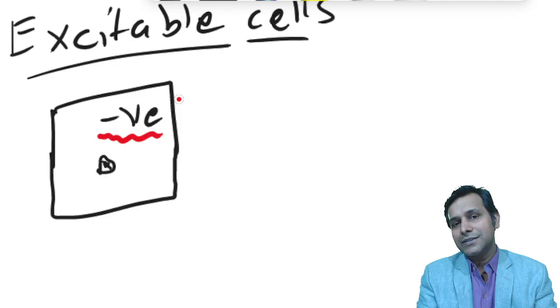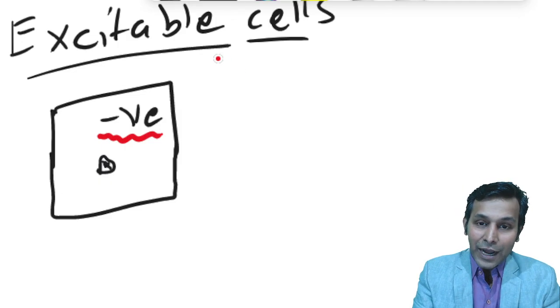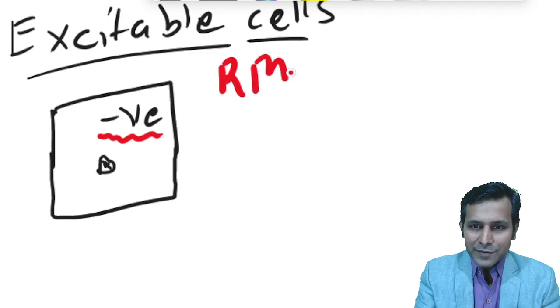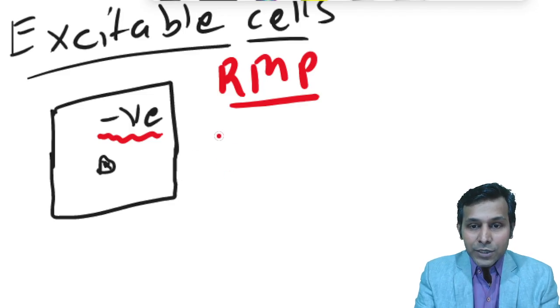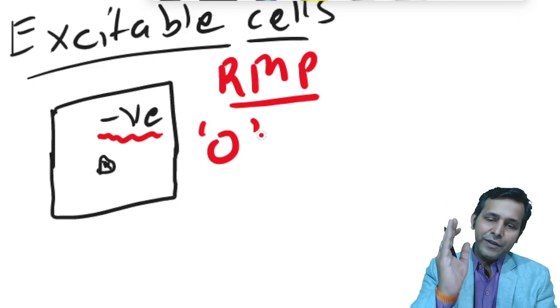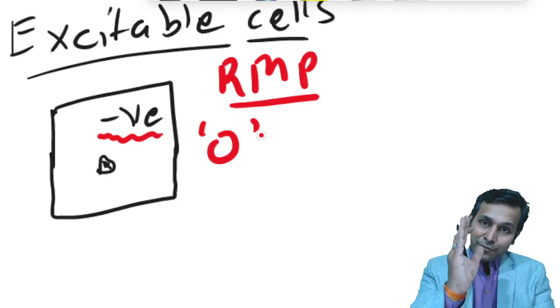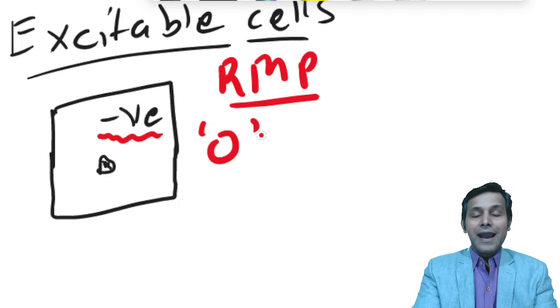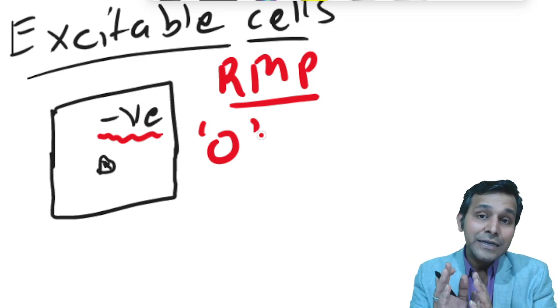We are not concerned about the voltage outside the cell. For RMP, we always consider outside voltage as 0 millivolts, and we compare the voltage inside the cell as compared to outside, which is considered 0.